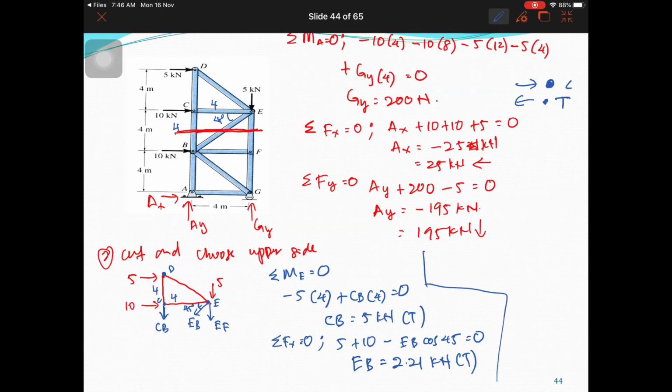And then we go to the summation of Fy equal to 0.